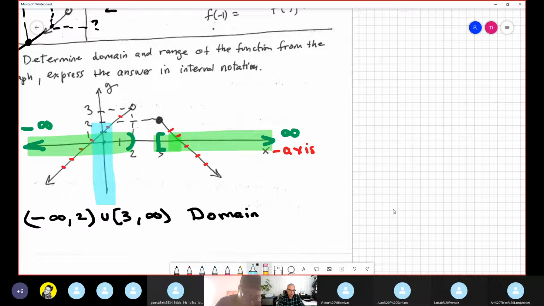Here and 2 is okay, but and 3, and 3 is parenthesis, because we do not include it since this circle is open. Okay, so our range is from negative infinity, comma 3 parentheses. We have no y value in 4, 5, 6, 7. So it's only the part that I highlighted in blue color.